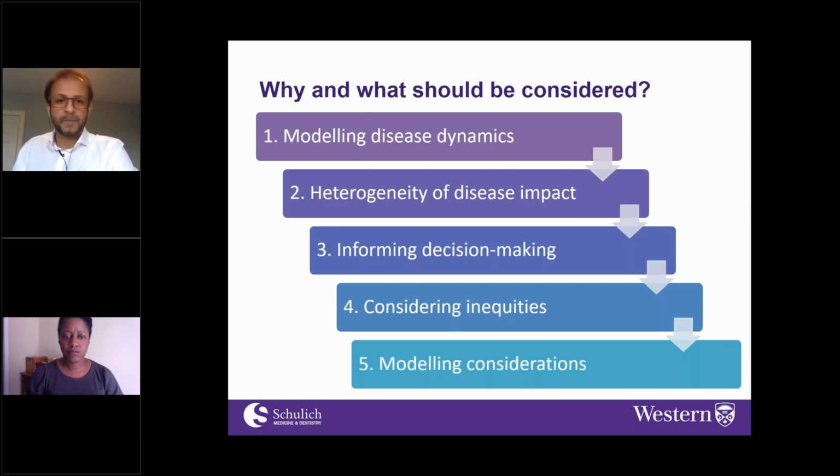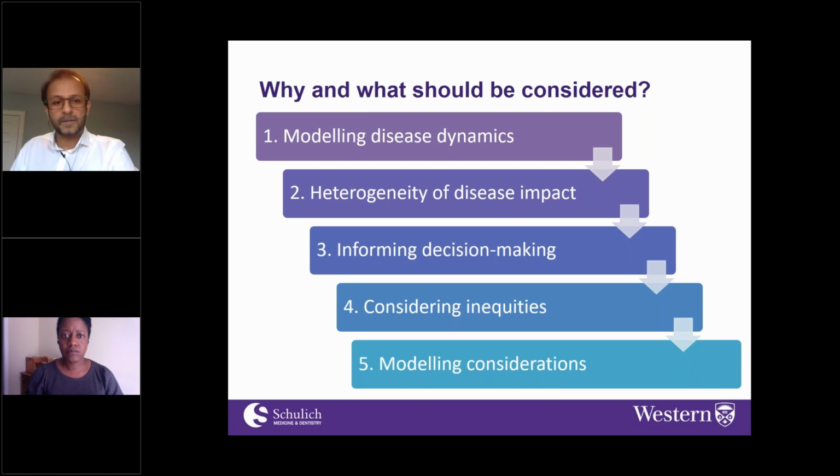The first one is to appropriately categorize modeling disease dynamics in infectious disease models. The second aspect is explicitly taking into account heterogeneity of disease impact, both in terms of impact of the burden of illness and also impact of policymaking.